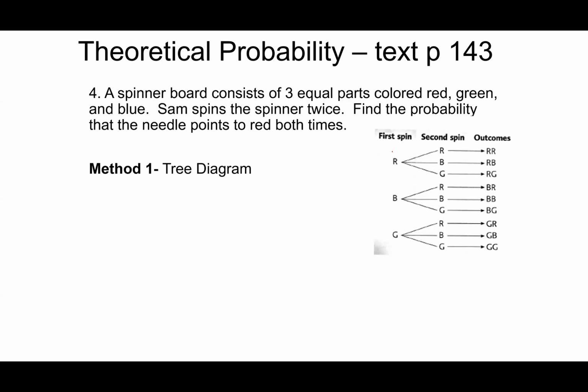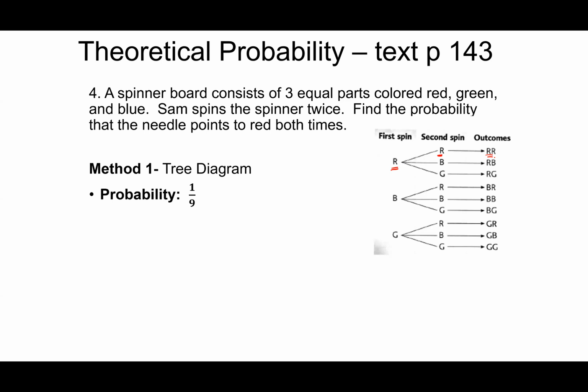Okay, does that make sense to everybody? Okay, so if we're finding the probability that the needle points to red both times, and we're just looking at this, aren't we? Red, red. But we need to be able to diagram all of the outcomes, because we need to know how many outcomes there possibly are, don't we? Okay, so how many outcomes are there? How many? 9, okay.